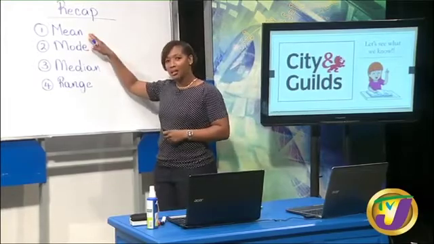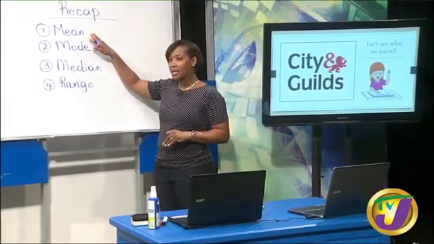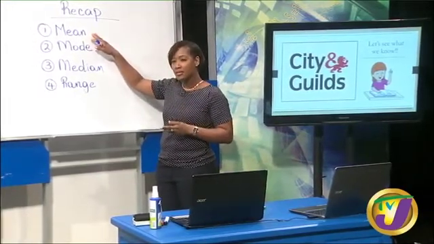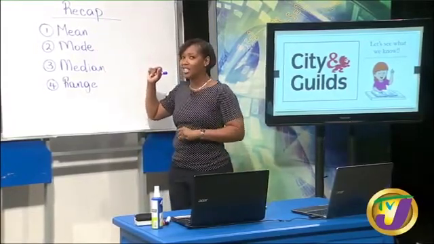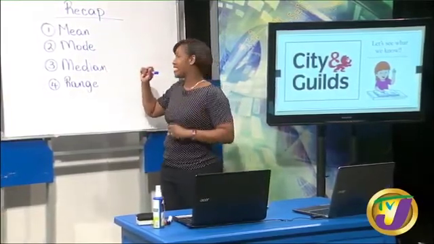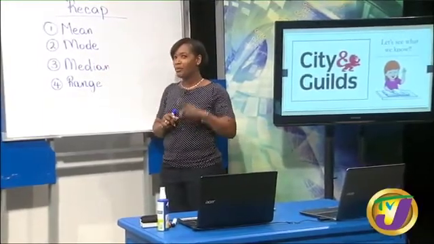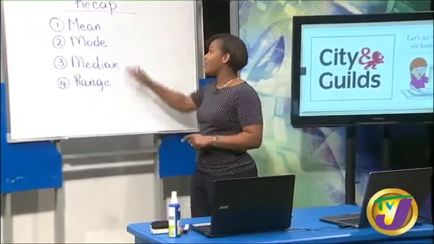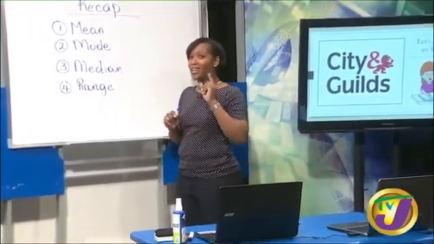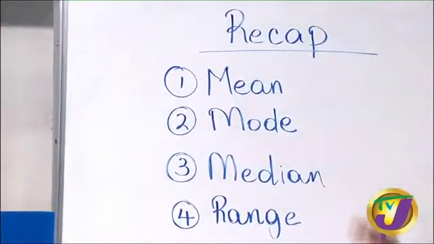We looked at mean. Can you remember what the mean is? If you said the mean is the average of a set of data, you got it. What about mode? Remember I gave you a little clue there. Correct. Mode is most. Mode is the data piece that appears most in that set. Median.